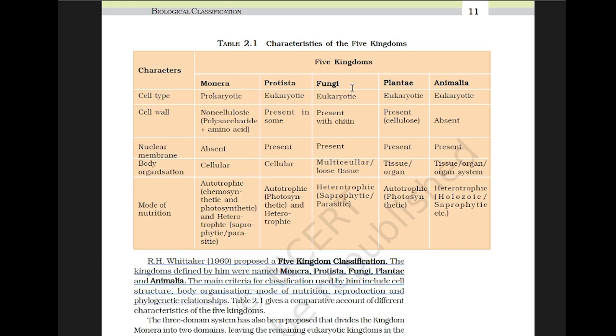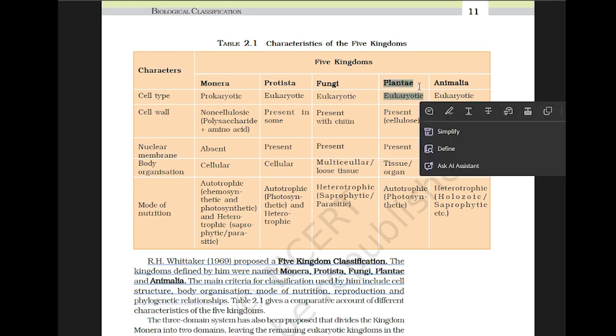And the fourth one is kingdom Plantae, which includes multicellular chlorophyll containing organisms, but there are exceptions. Some algae such as diatoms and dinoflagellates, and some members of Monera, Protista and fungi, are not included in kingdom Plantae.